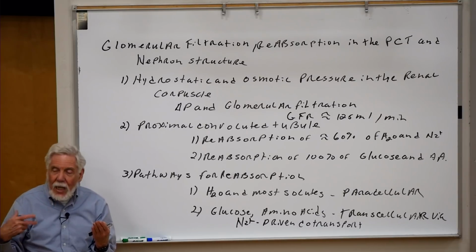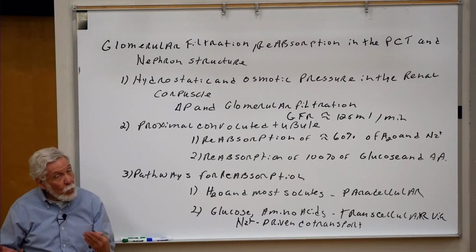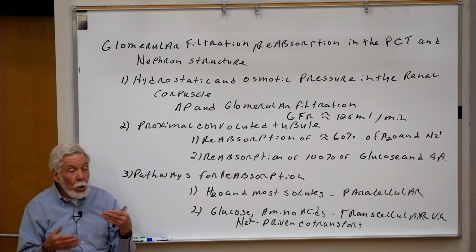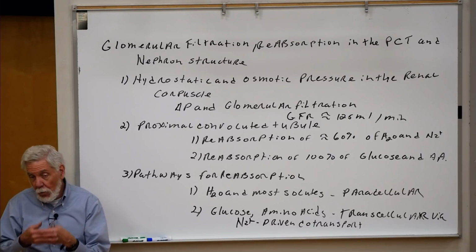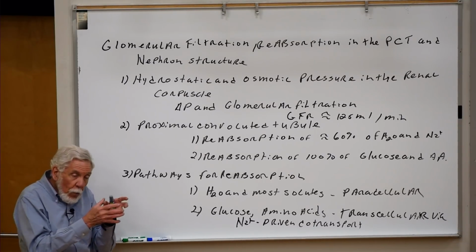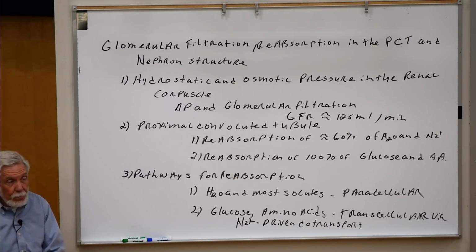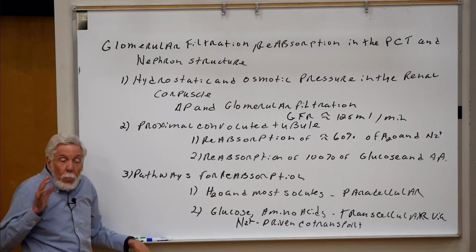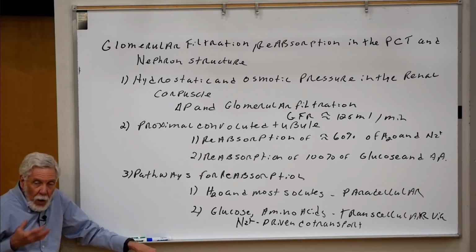But when you add those two together, those numbers come to about 45 millimeters of mercury. And you remember that the hydrostatic pressure on the wall of the glomerular capillary is like 55 millimeters of mercury. So that means we have a net pressure going from the glomerular capillary into Bowman's capsule. Whenever you get a pressure differential, unless you have an enormous resistance, we have a flow.